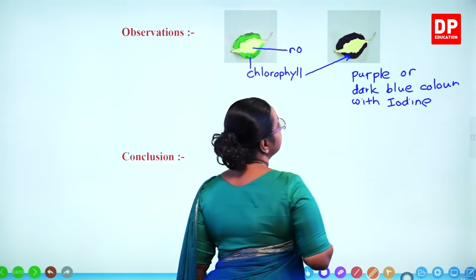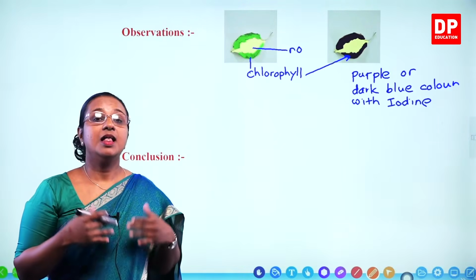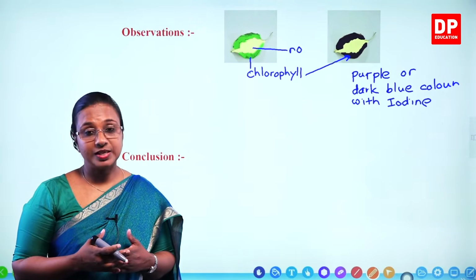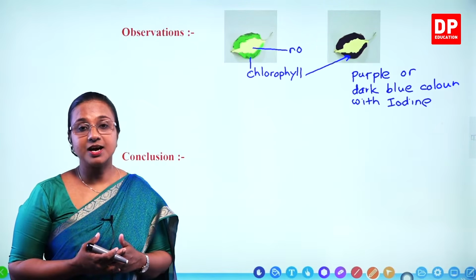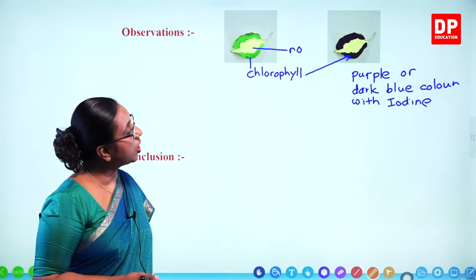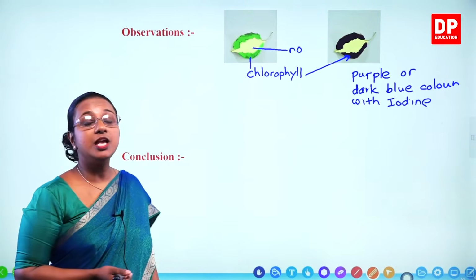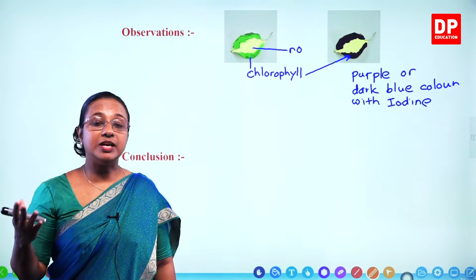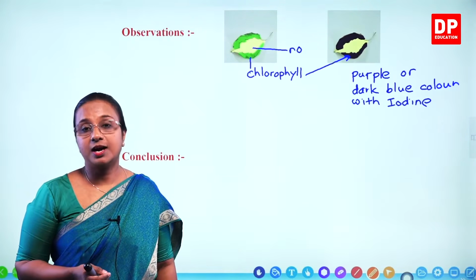So that is this region. Why does that happen? The region that was green in color does photosynthesis. So glucose is produced, it is temporarily stored as starch, and when we do the test for starch, we see the purple or dark blue color. But the region that is yellow in color does not have chlorophyll, so therefore it does not do photosynthesis. Therefore, there is no color change.